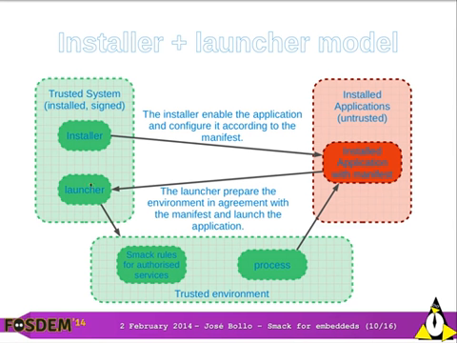And then when the application is launched by a launcher, the security context is updated for that launch. And now, if the application violates its rights, the system is able to detect it and take a coercion action.